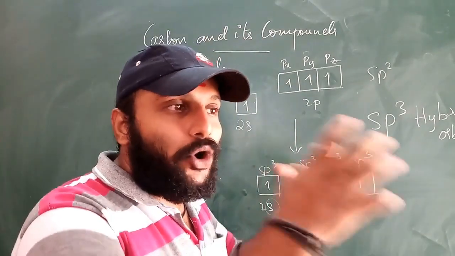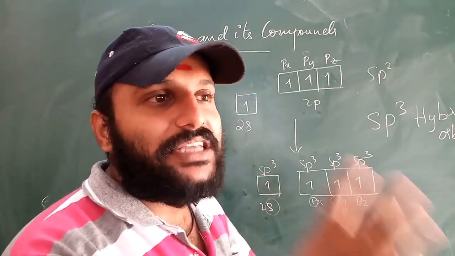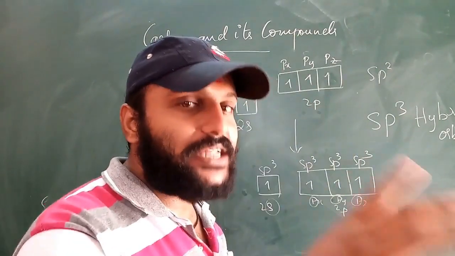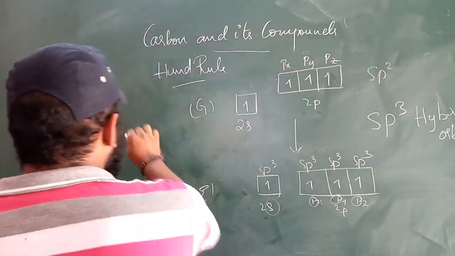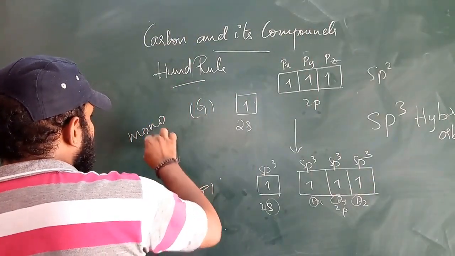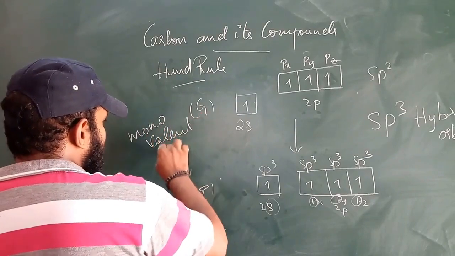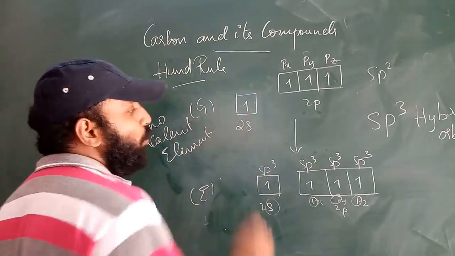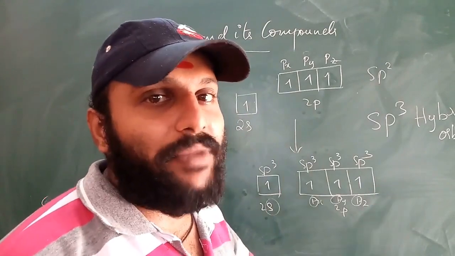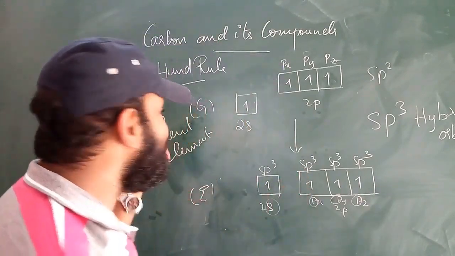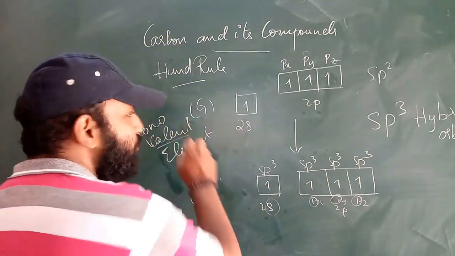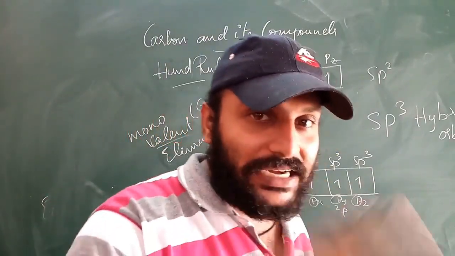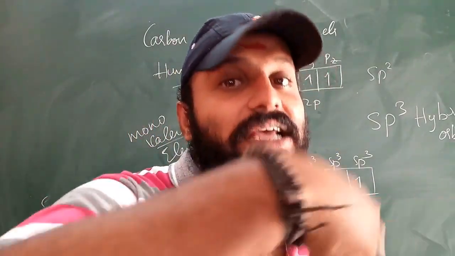It will make bonds with such an element which requires or shares 1 electron. Means what? Monovalent element. Understood? So this carbon will try to make bonds with what type of element? Monovalent element. Valent means what? One, which contains only one electron, which requires or shares that electron.